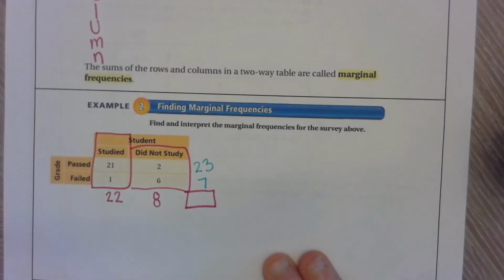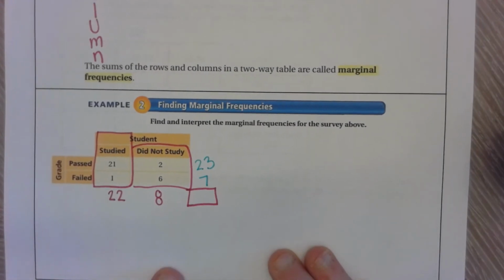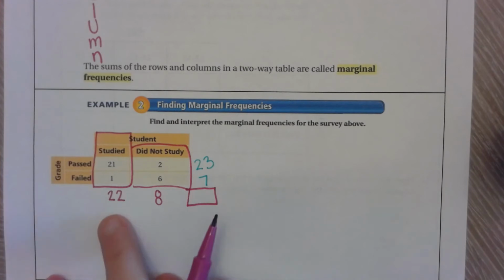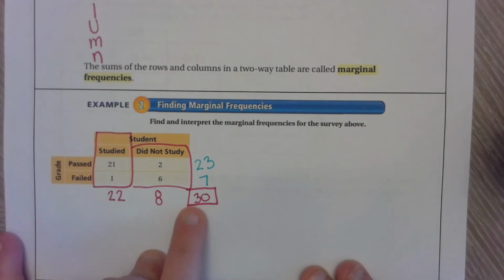Now, once you have your marginal frequencies, if I add either in the columns or in the rows, I should have the same amount of total students. Meaning, if I do 22 plus 8, I end up with 30. If I do 23 plus 7, I also get 30. So that means there were a total of 30 students that were surveyed.